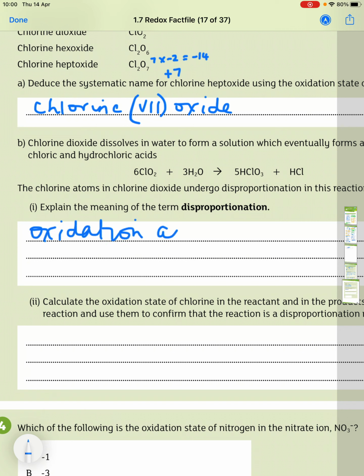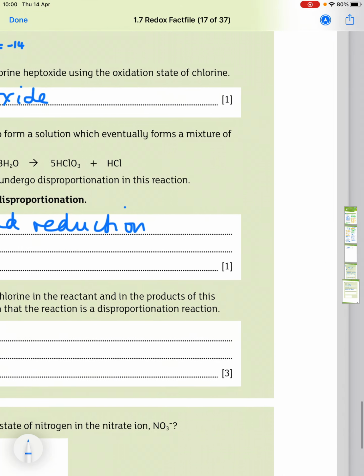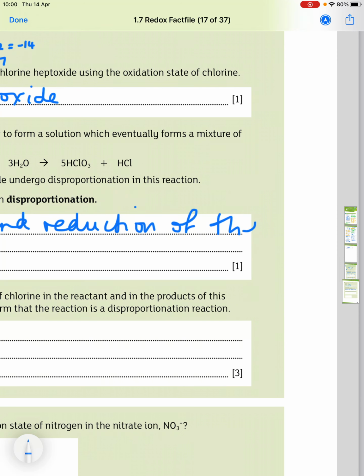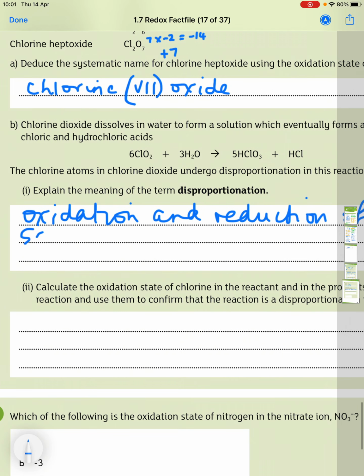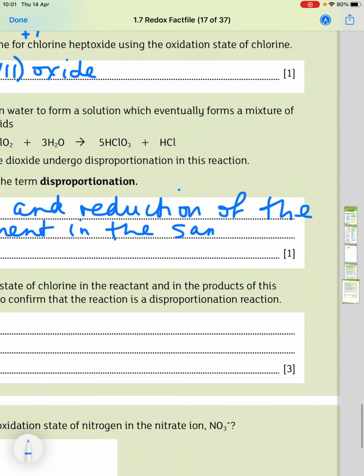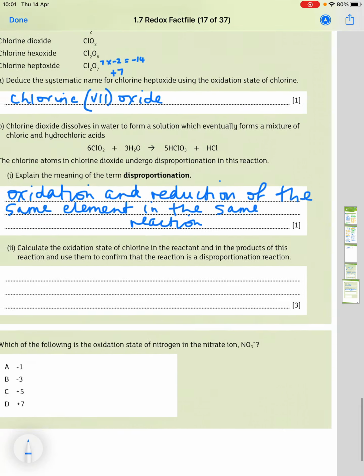So it's oxidation and reduction of the same element in the same reaction.